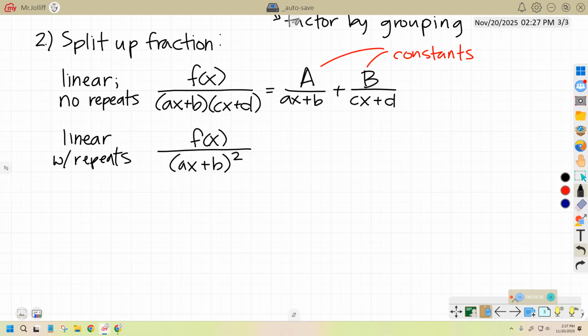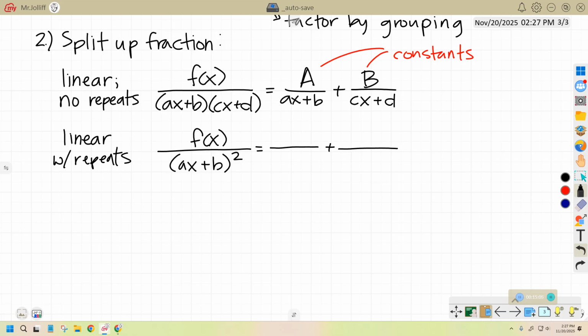I don't care. Yes, we are repeating that factor some number of times. I'm using 2 for an example, but it doesn't have to be 2. Any guess how many fractions I'm going to need when I split this up? 2, because I've got 2 factors in the bottom. Yeah, that makes sense. I want as many fractions as I have factors.